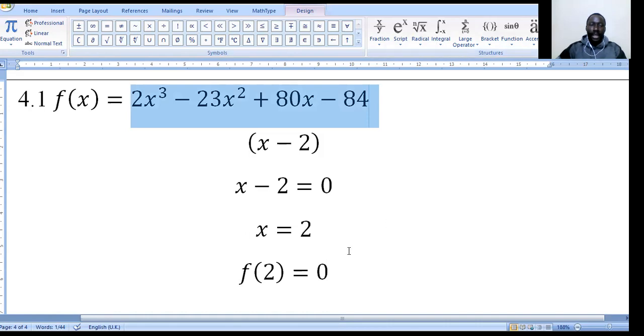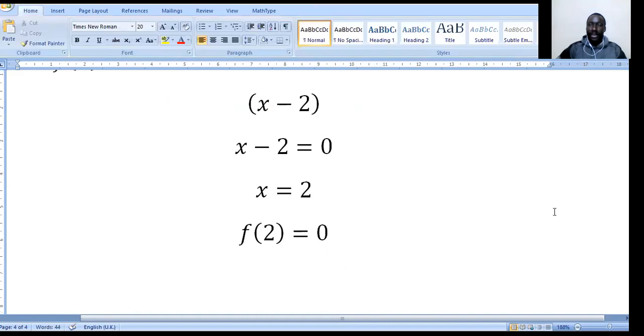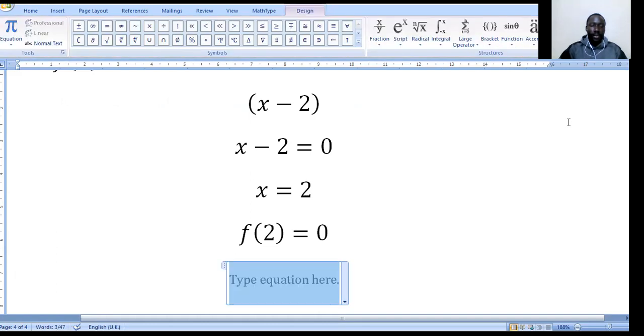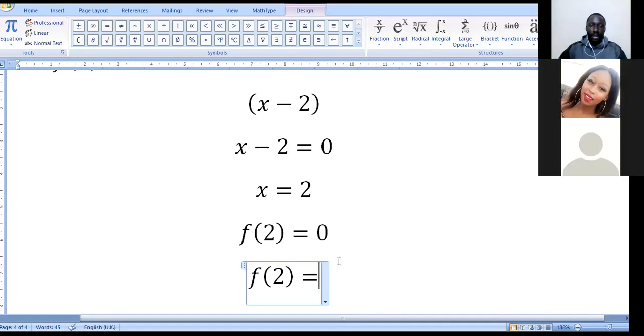All right, so from here we can go ahead to check. We'll have f of 2 equals the expression we are dealing with.